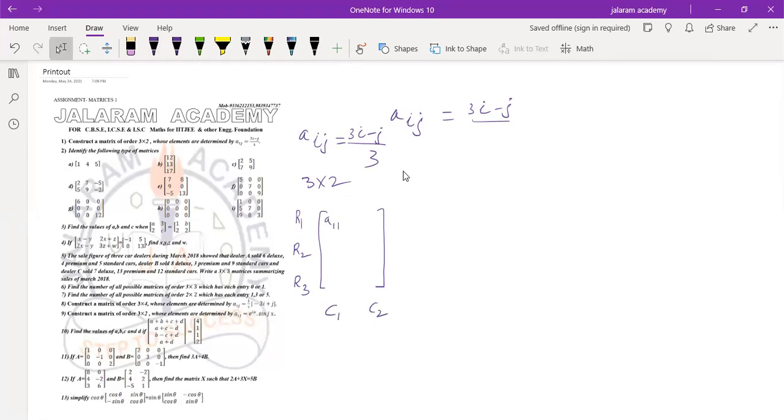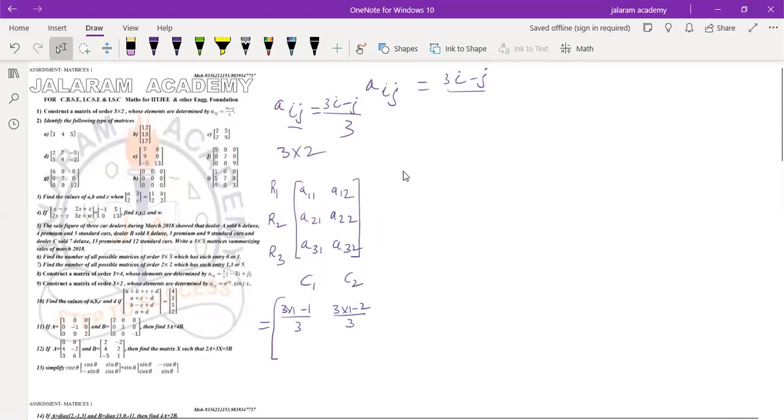Elements are A11, A12, A21, A22, A31, A32. Okay. Now find A11. A11 means we have to use this formula. So we write 3 into 1 minus 1 upon 3, comma 3 into 1 minus 2 upon 3.